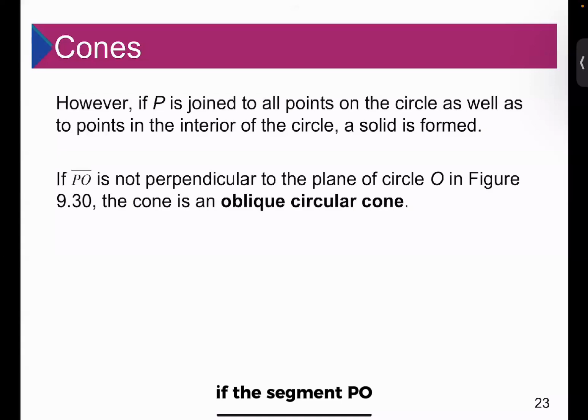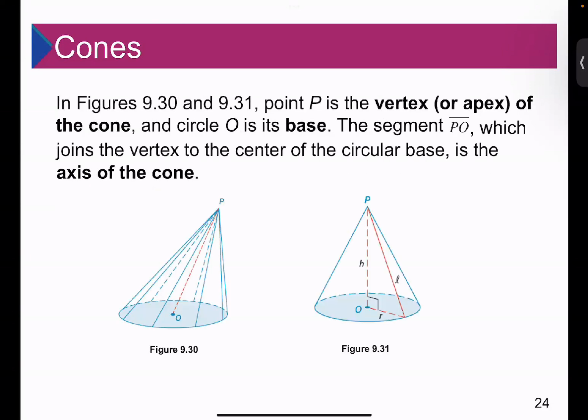If the segment PO is not perpendicular to the plane of circle O in figure 9.30, the cone is an oblique circular cone. In figures 9.30 and 9.31, point P is the vertex or the apex of the cone, and circle O is its base.